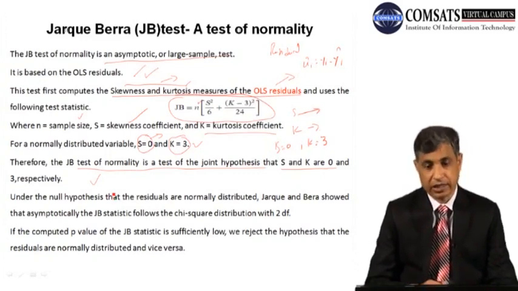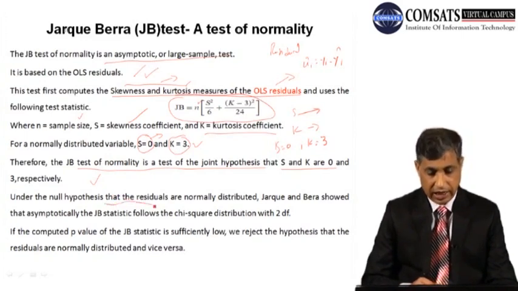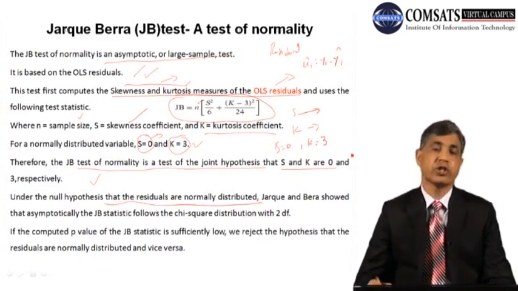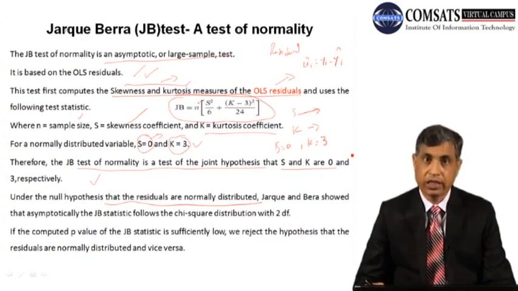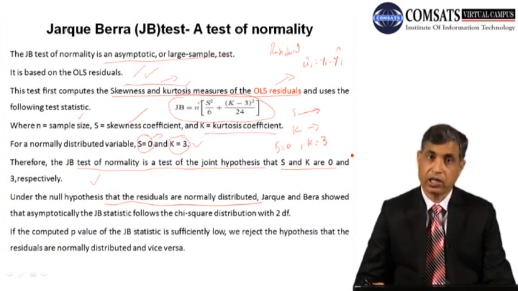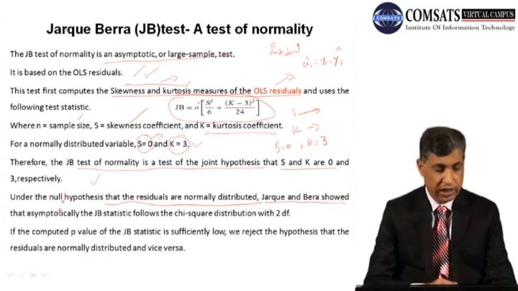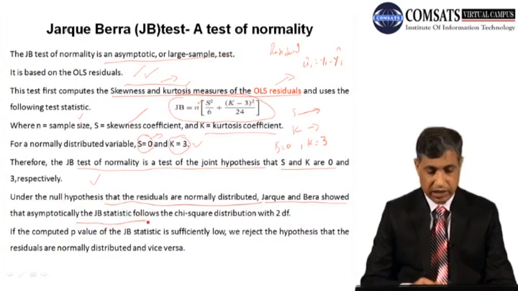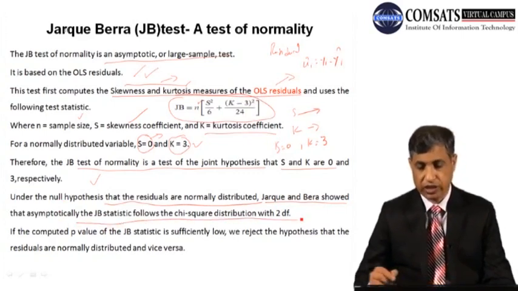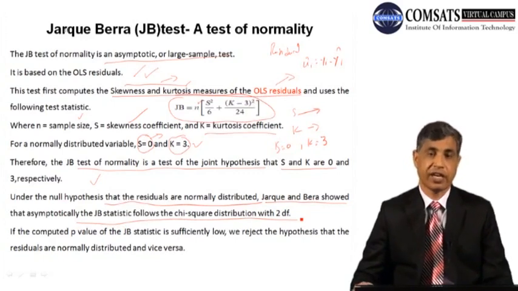Under the null hypothesis, what is the null hypothesis? That the residuals are normally distributed. The Jarque-Bera test assumes that the residuals are normally distributed, and Jarque and Bera showed that asymptotically the test follows the chi-square distribution with 2 degrees of freedom.